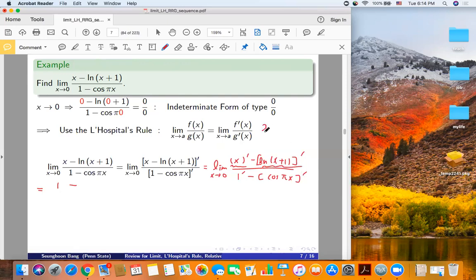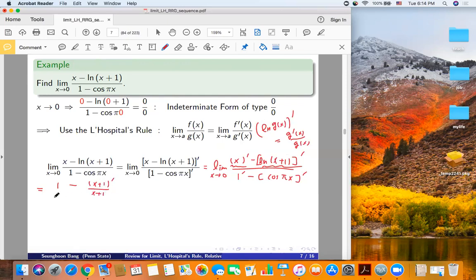We can use the rule: the derivative of ln of g of x is g prime of x over g of x. So we have x plus 1 prime over x plus 1.